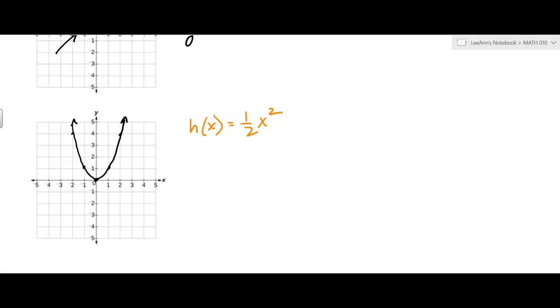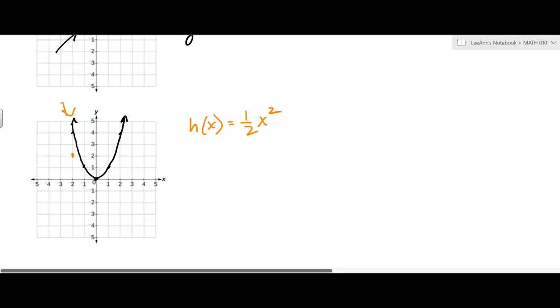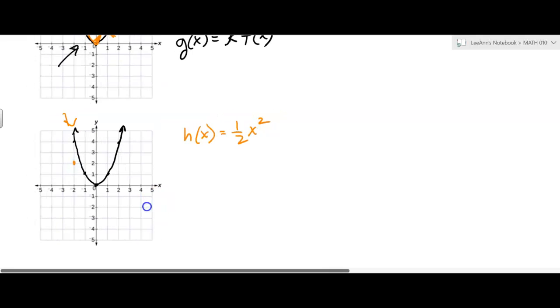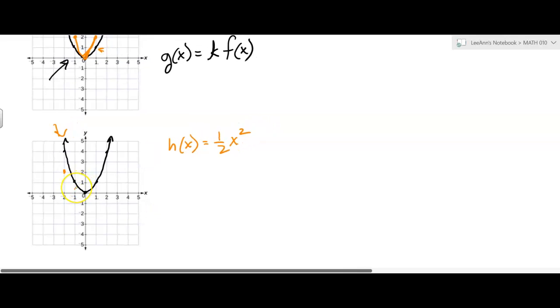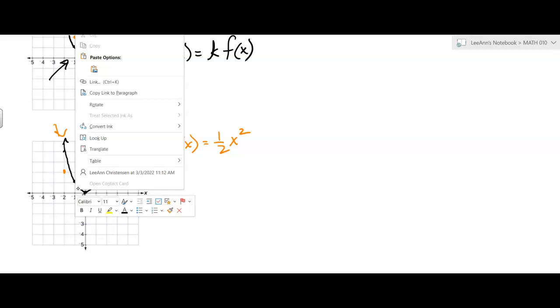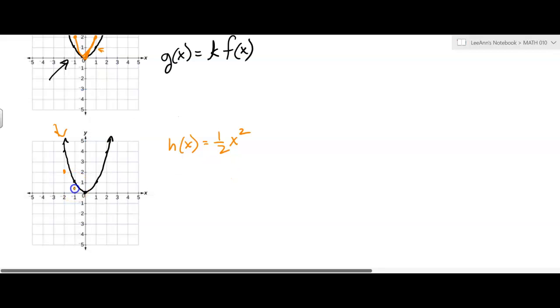So we used to have, at -2, the output was 4, but now we're going to cut it in half, so it'll only be 2. And the output at -1 was 1. We're going to cut that in half, so it's going to be a half. Half of 0 is still 0. And then you're going to have half of 1, and then half of 4.